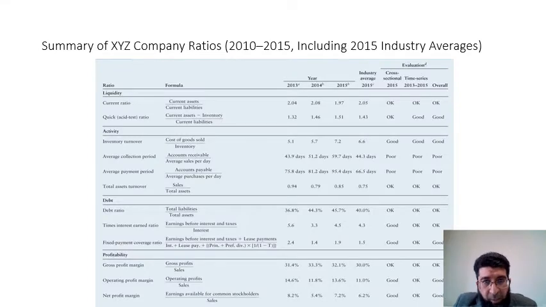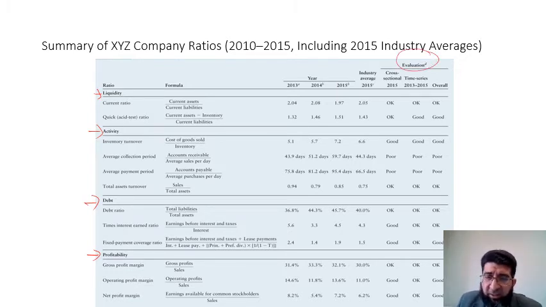This is the overall summary of XYZ company ratios from 2010 to 15, and we can see that they are divided based on liquidity, activity, debt, and profitability. And also in the other slide, we have other ratios as well. And what we can see is that we can create this kind of an evaluation.